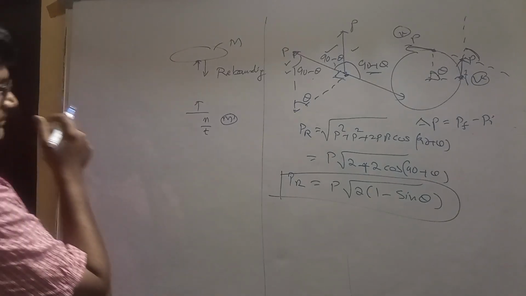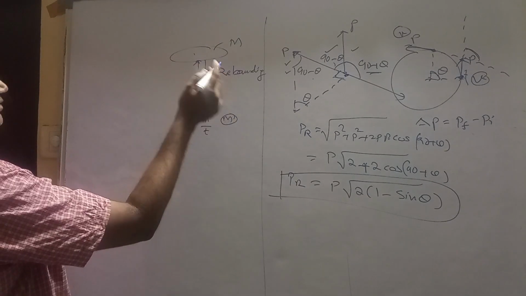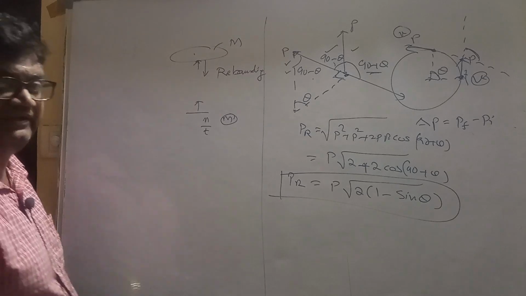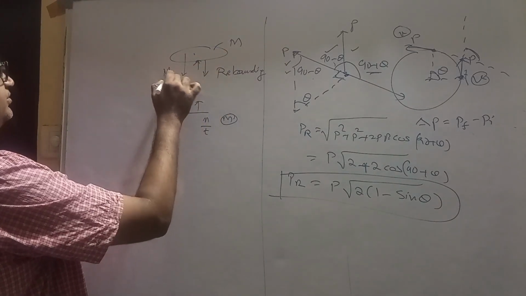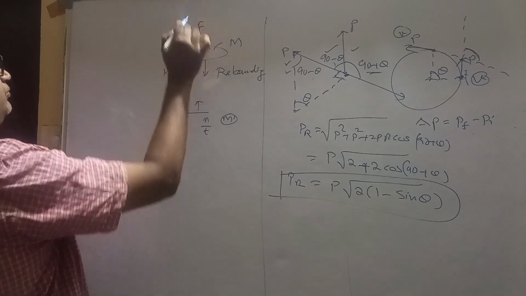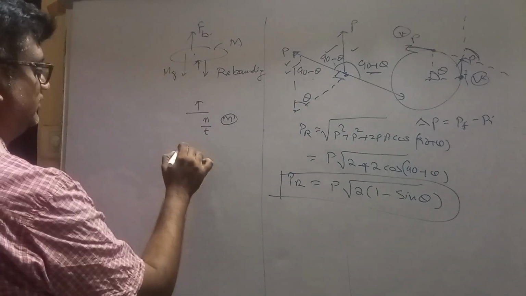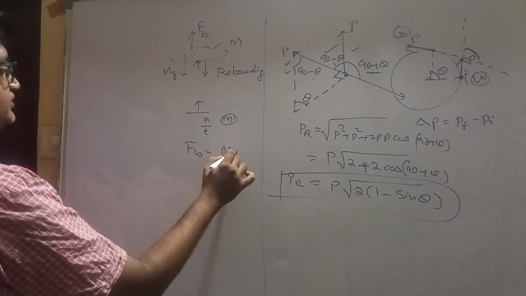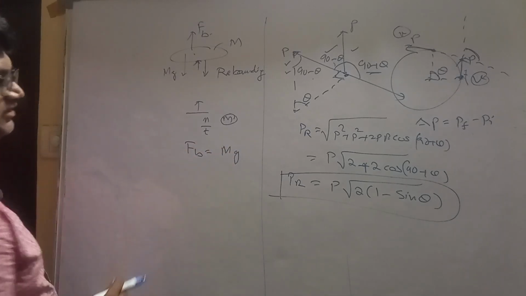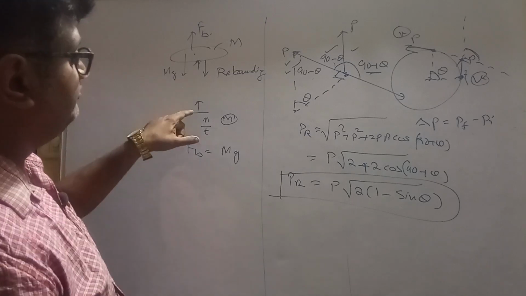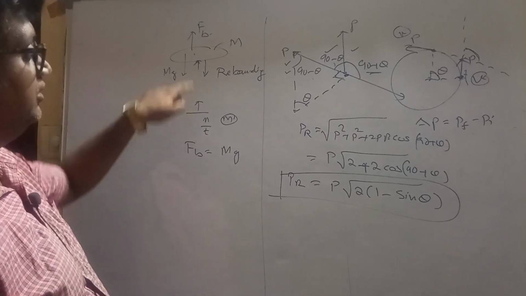In that situation, if you try to apply the equilibrium condition, this weight Mg will be acting downwards, and it will be balanced by the force of the bullets. So Fb will be equal to Mg. Now how do I find Fb? Fb is created because of the momentum which is imparted by these bullets on the plate.